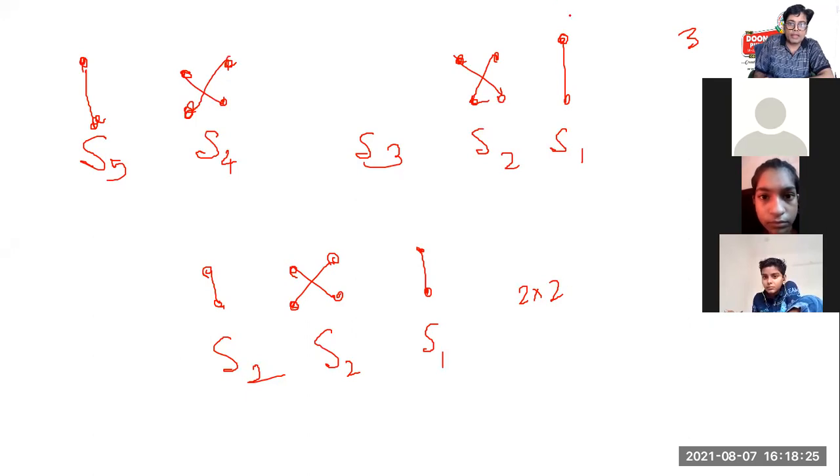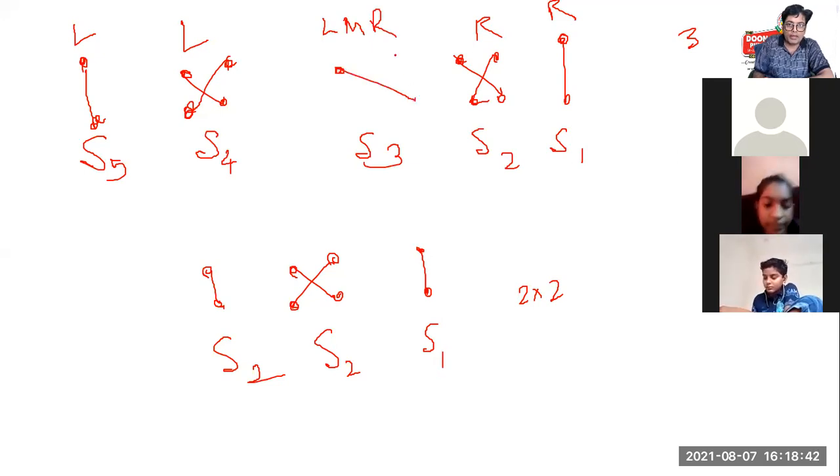That will be right side, right side, that will be left side, that will be left side, that will be left, middle, right, left to right, right to left, middle to middle. There are 3 digits.